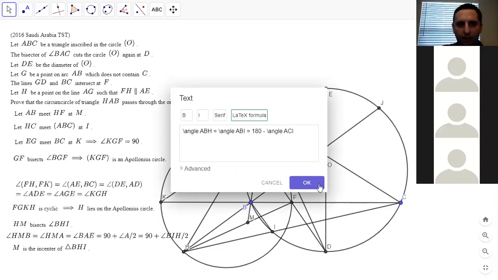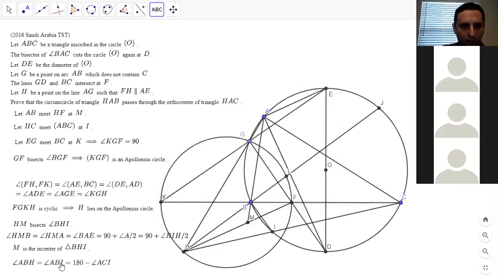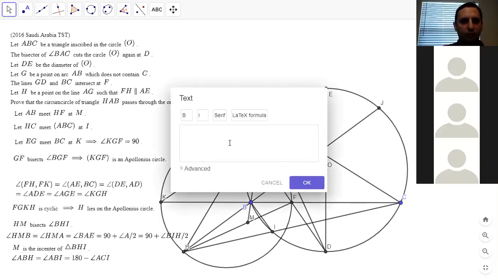And then that means the circumcircle of HAB passes through the orthocenter of HAC.